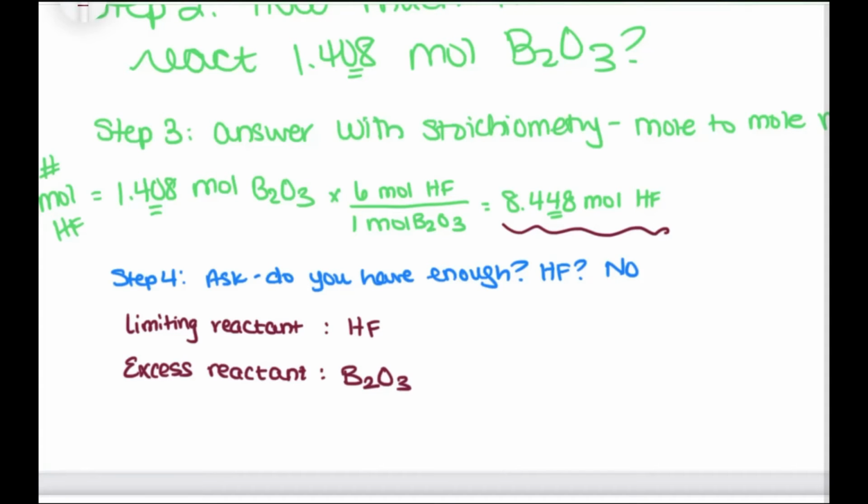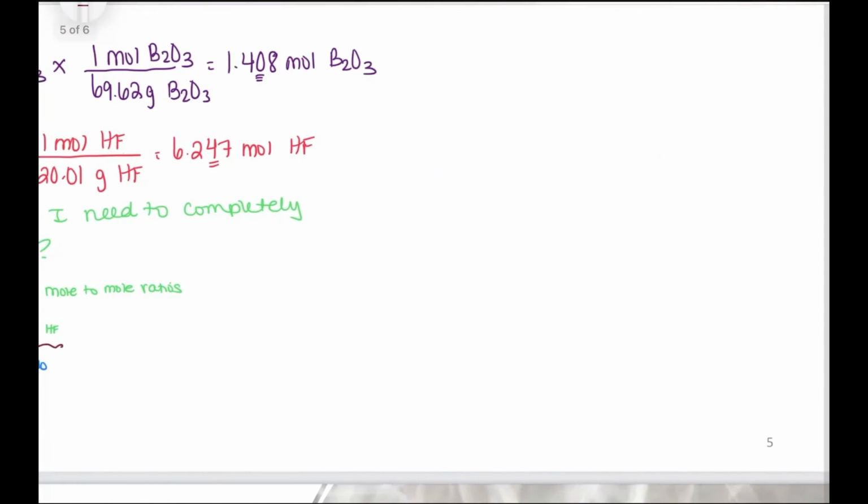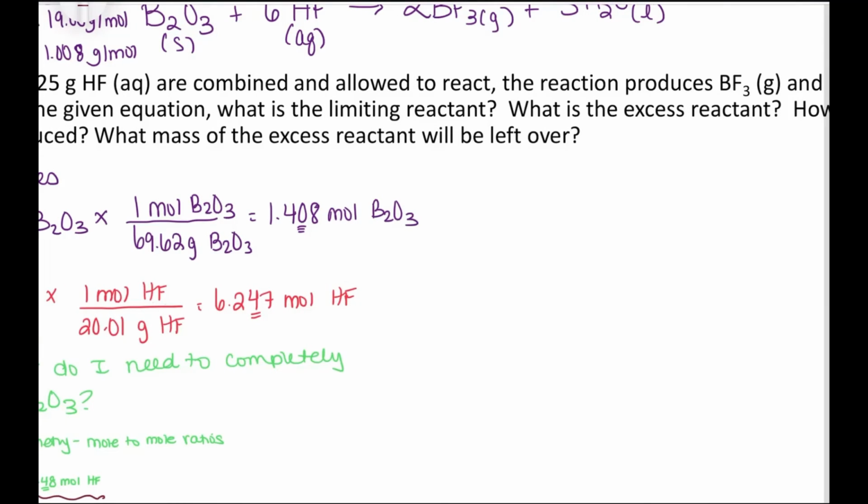Now that we've identified which species is which, we can go ahead and use step 6 to answer questions. So, we know the identity of the limiting reactant. We've got that done. We know the identity of the excess reactant.